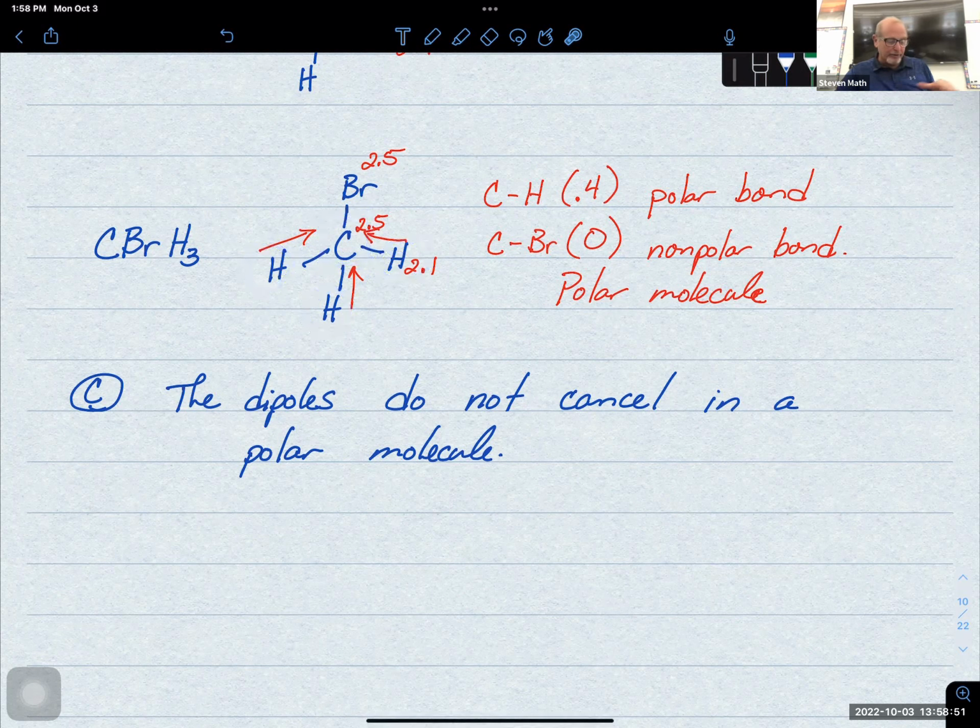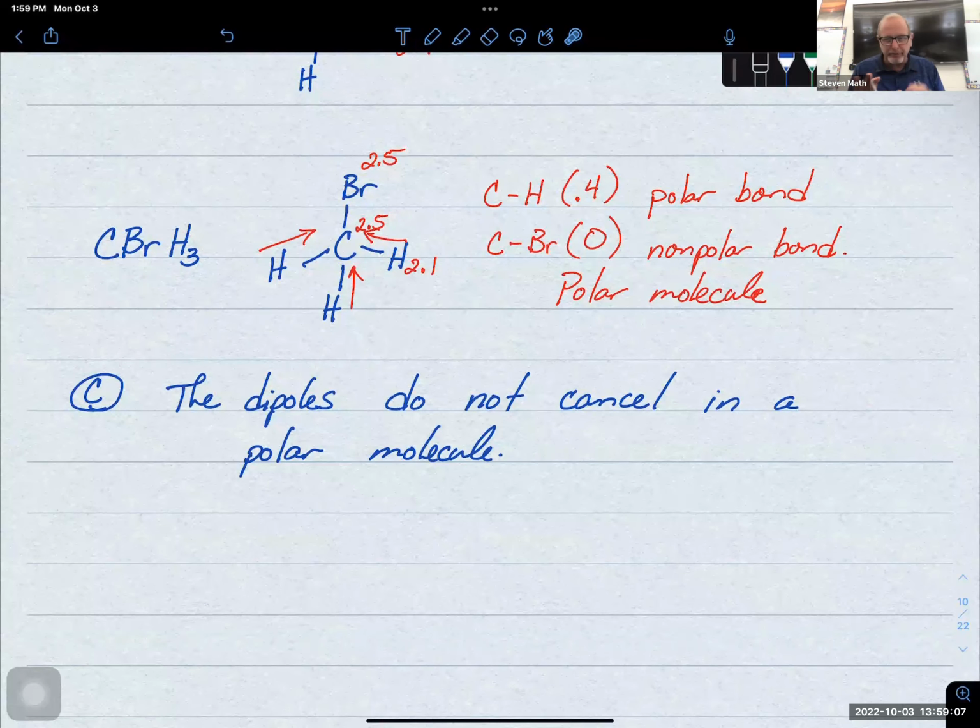The phrase I use is, those arrows are actually vectors. Vectors have direction and magnitude. Would the molecule move? And in this case, that molecule would move. Now, the molecule isn't really moving. We're just using that as an explanation for the electron density. The electrons are moving towards the side of the molecule. So the dipoles here are not canceling, and that's what makes this molecule polar.